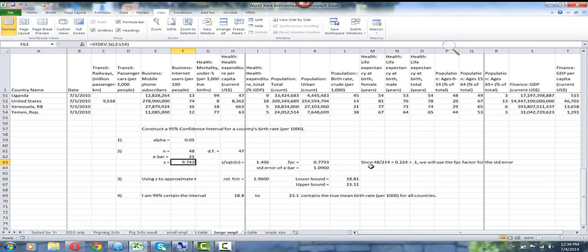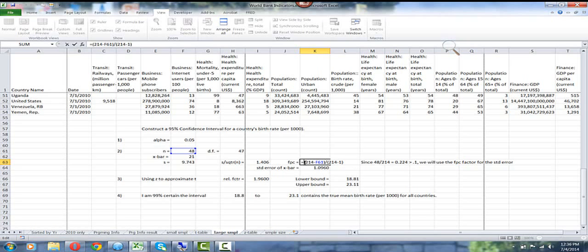But we do have a situation where the sample size relative to the population is fairly high. It's over 20% of the population. So we're going to go ahead and include the finite population correction factor. Remember, that's population size minus sample size divided by population size minus 1.